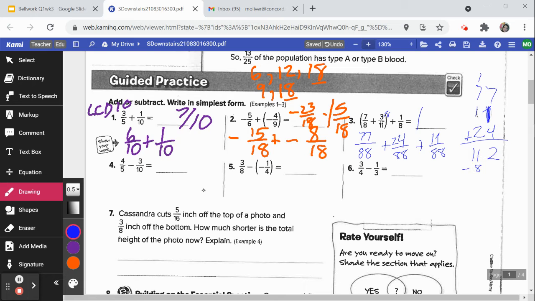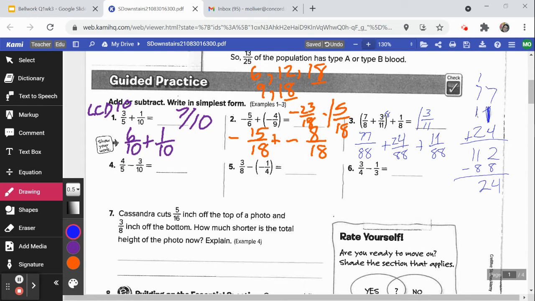So now I'm going to subtract 88 from it, which should give me 24. And 24 over 88 is even, but 4 can go into both of them. So I'm going to try dividing both by 4 and see what happens. So I get 6 over 22. Those are both even. So 6 divided by 2 is 3 11ths.